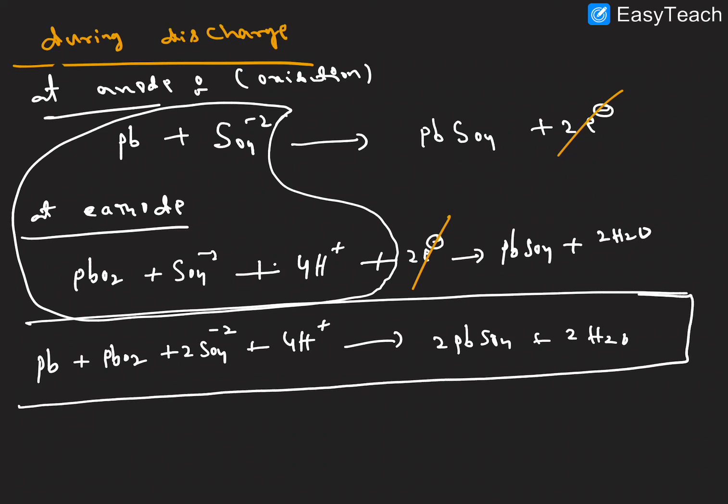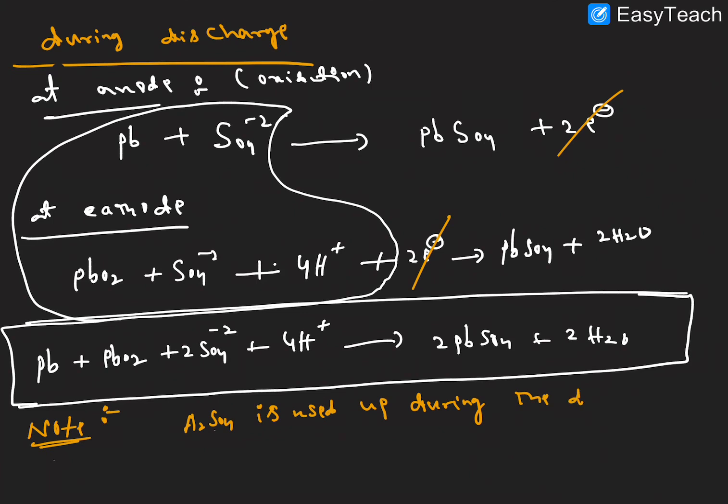Right? Whenever we are using the battery, in discharge, this reaction is happening. So the H2SO4 concentration decreases because SO4 minus is converted into lead sulfate, right? So whenever the battery is discharging, the concentration of H2SO4 decreases, right? One note point here: H2SO4 is used up during the discharge.